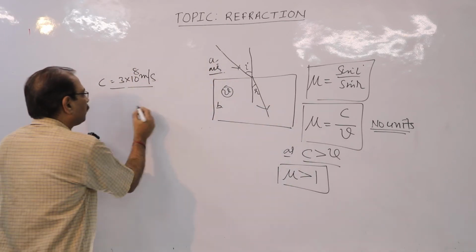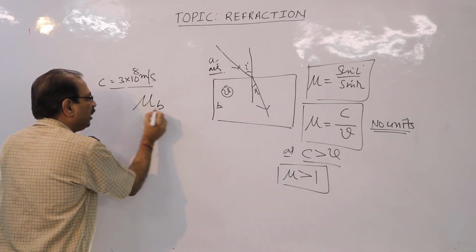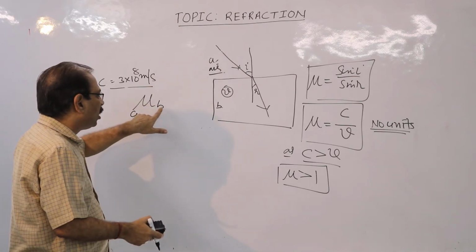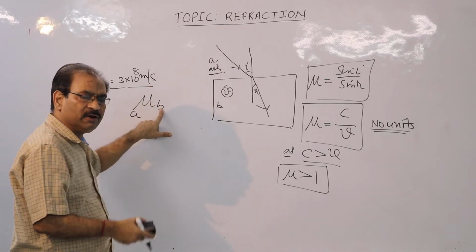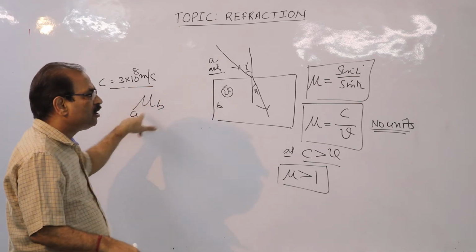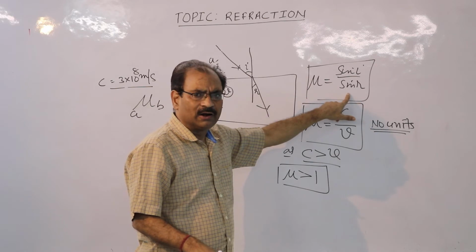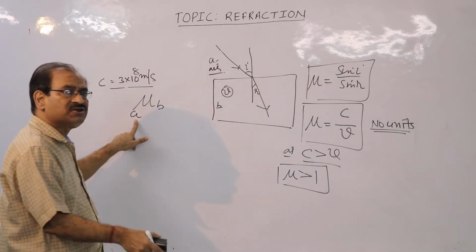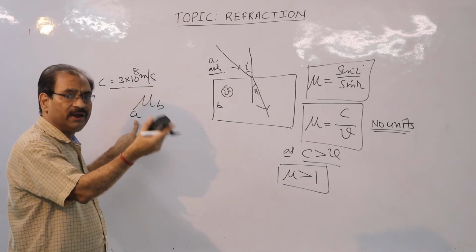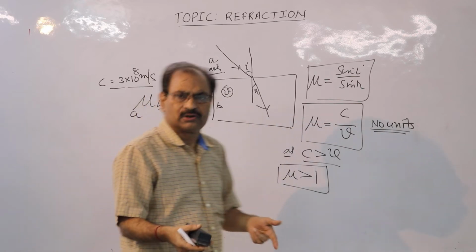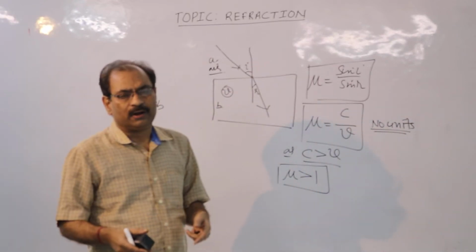It is represented by mu of B with respect to A. So remember, when the light goes from A to B, it will be the relative refractive index of B with respect to A, and it is sin I upon sin R. If we fix medium number A to be air, then the refractive index is called absolute refractive index. Fine, let us move ahead.